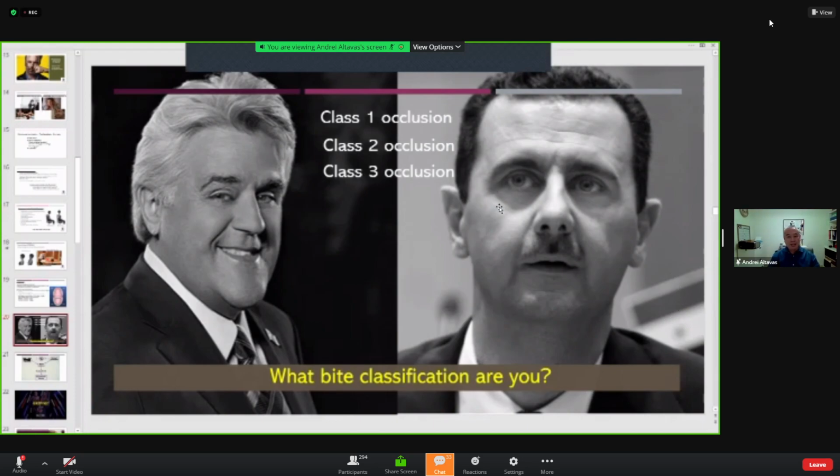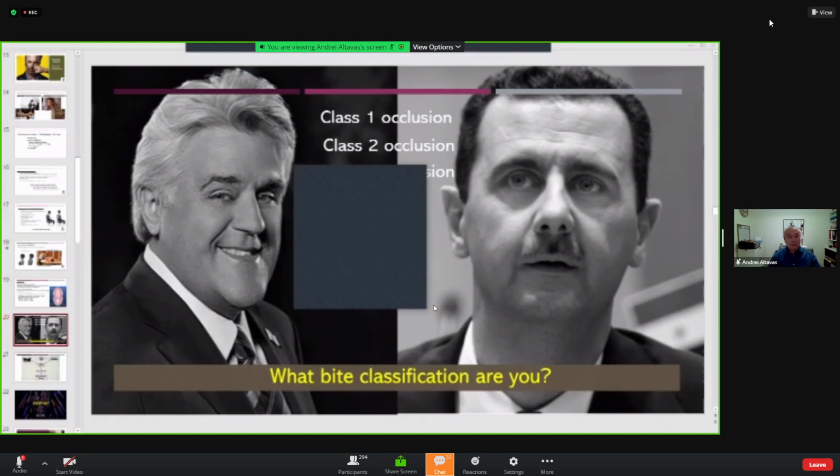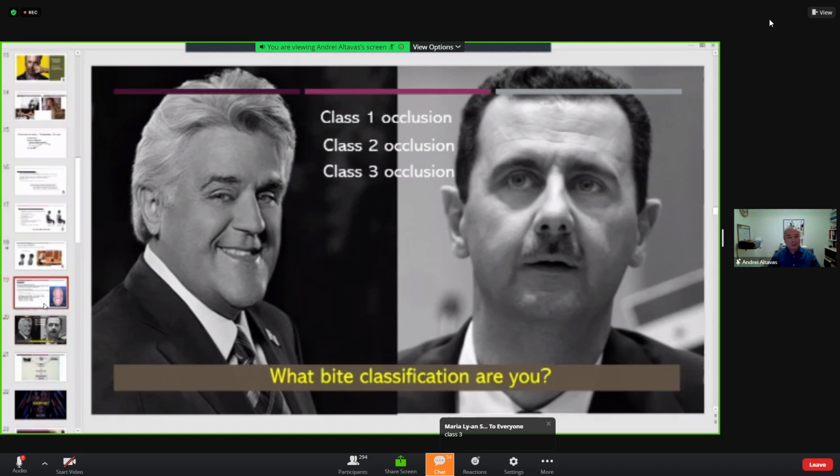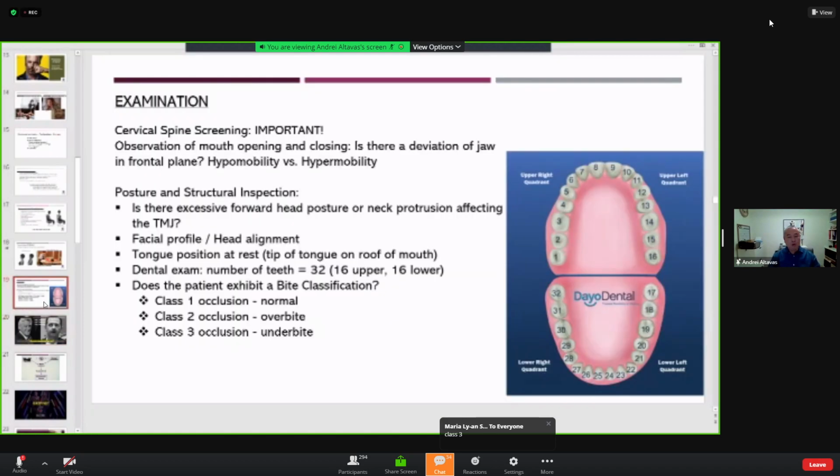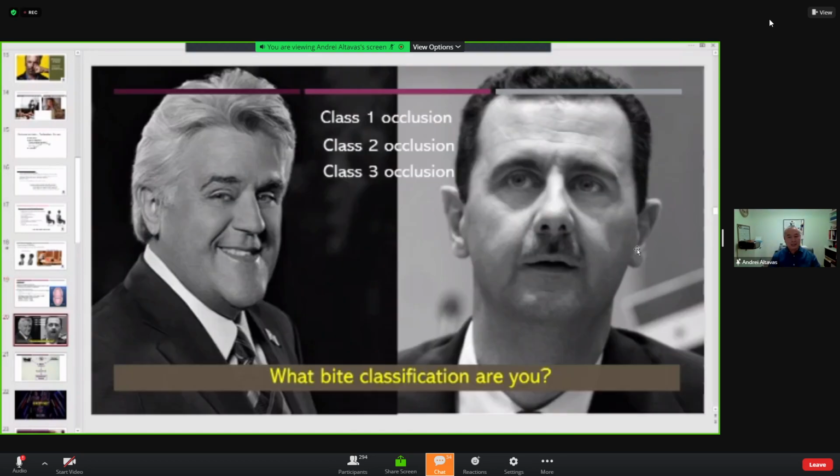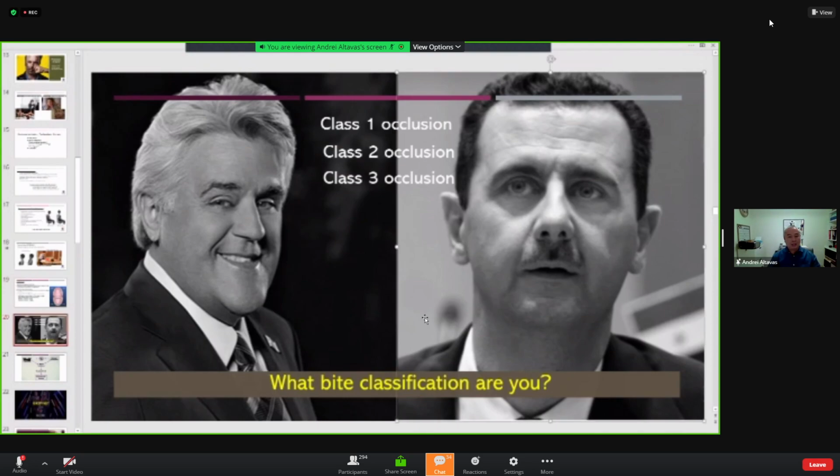Anyway, class 2 occlusion is overbite. And this is class 3 occlusion. Jay Leno is class 2 occlusion.